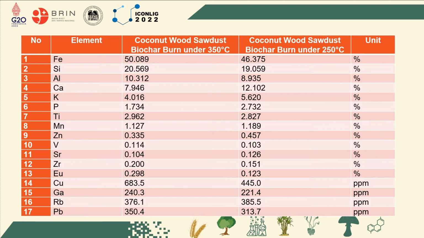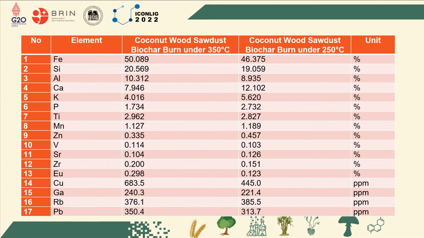The composition of Fe and Si, and also Al, are toxic elements if the concentration is too high, even though calcium, potassium, and phosphate are macronutrients needed for plant growth.